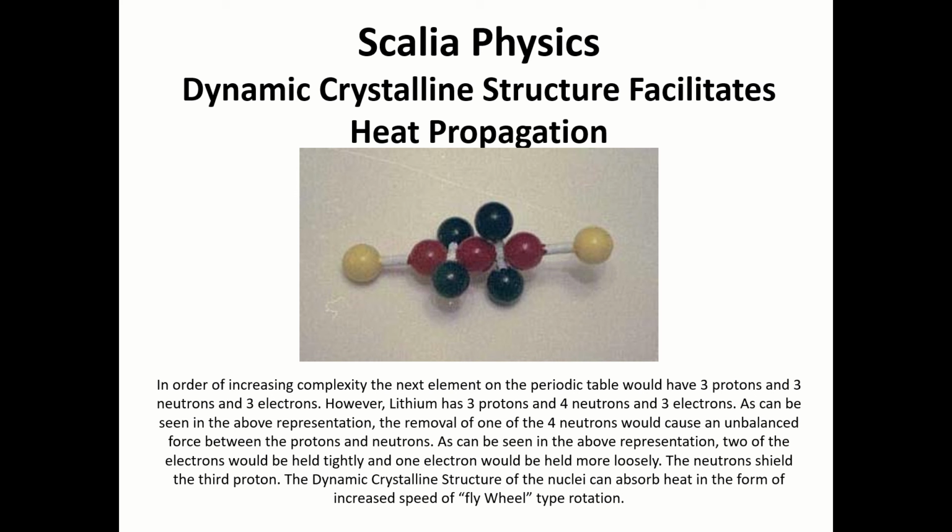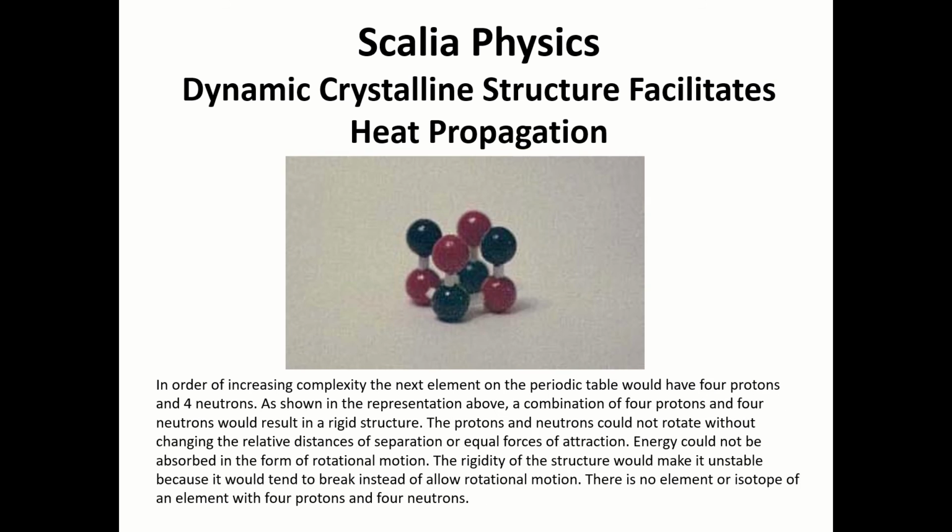So what's going to happen here is 2 of the electrons are going to be tightly held, and 1 is going to be very loosely held, so it will be able to be pulled off of the atom very easily. So lithium is going to be a highly reactive material, while helium is going to be a neutral material. So this is how dynamic crystalline structure can affect the characteristics of the atoms.